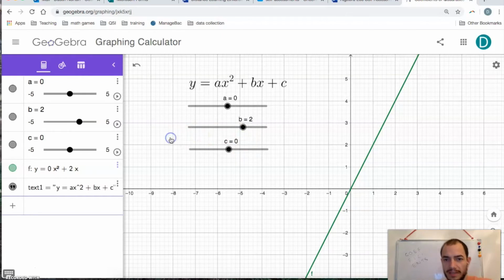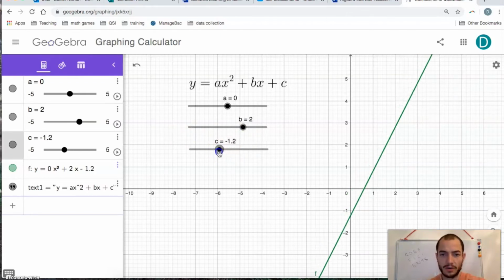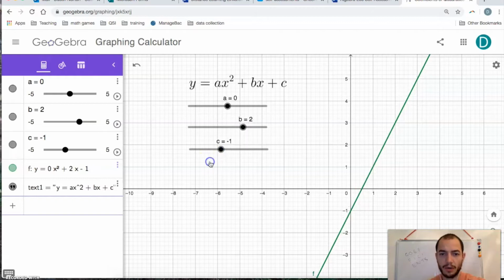Okay, so if b is equal to 2, and for example c is equal to -1, you'll notice that we have a linear graph here. If you recalculate the slope of that, the slope would be 2, and the y-intercept here would be -1.